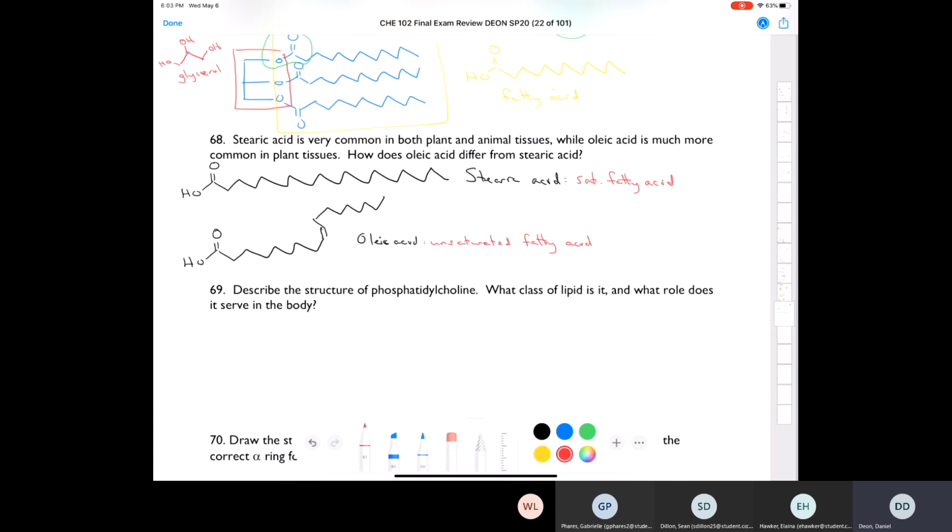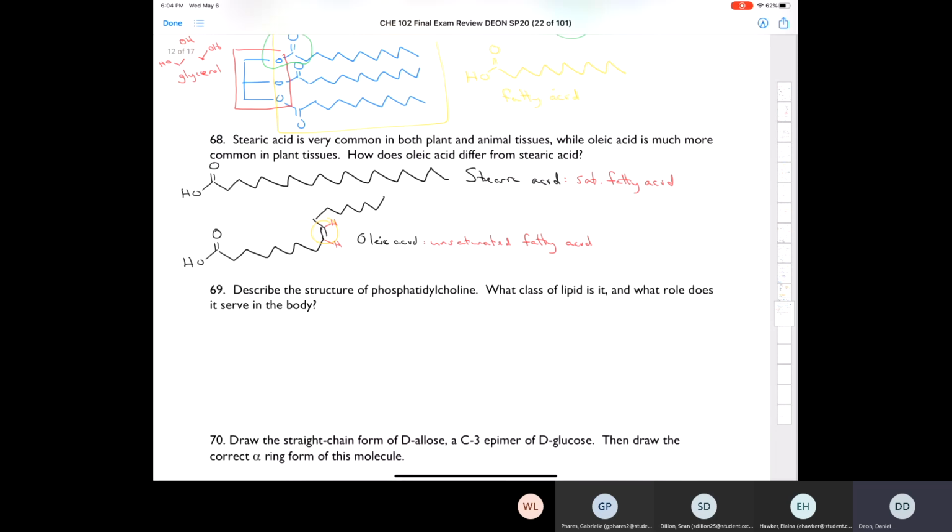Now, oleic acid, because of that cis double bond in there, puts a kink in that hydrocarbon chain, which prevents the efficient stacking or packing of oleic acid molecules, and therefore you're going to have less London forces between those molecules, and less London forces means it's going to be a liquid at room temperature. And the difference is basically saturated fat versus unsaturated fat.